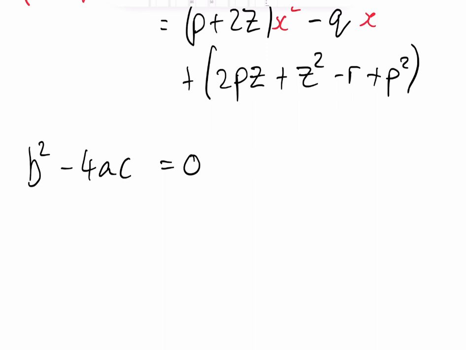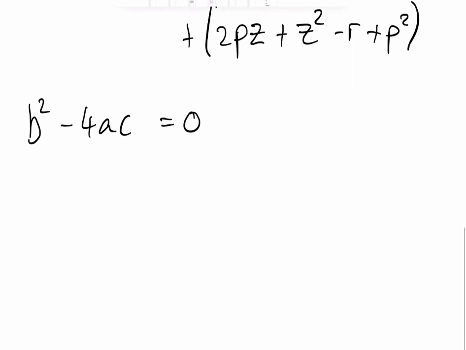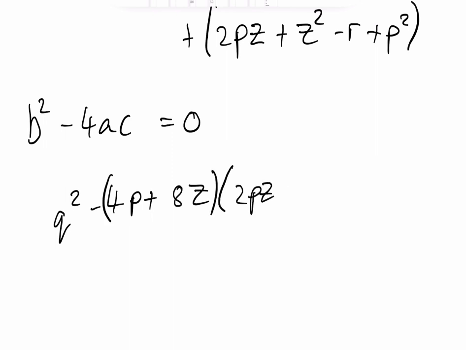And so that will give us q squared minus 4 times p plus 2z, multiplied by 2pz plus z squared plus p squared minus r, all equals 0.